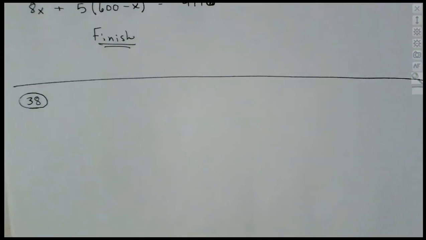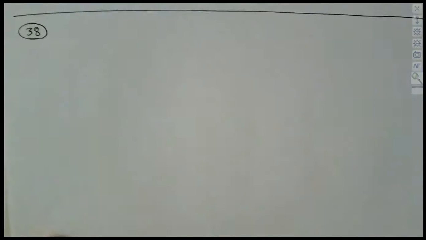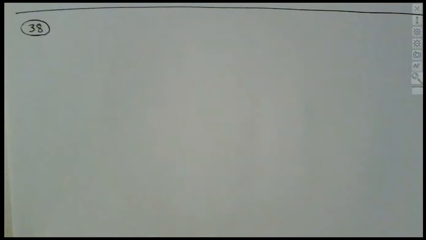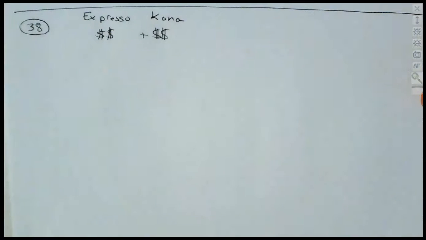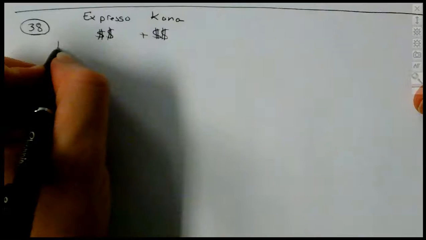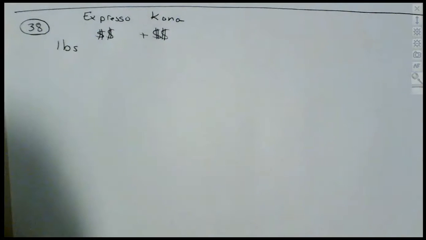Let's go ahead and look at this one. We're working with coffee, and this coffee has a weight of pounds, so we're going to label our amount pounds. And just so you know where these came from, we've got espresso and Kona, and we've got number of pounds. You can call it cost, value, whatever you like.